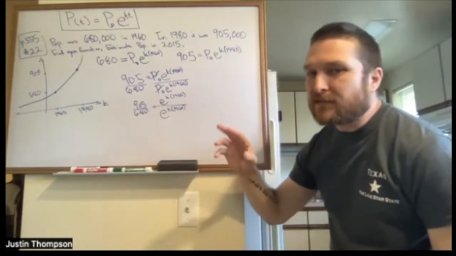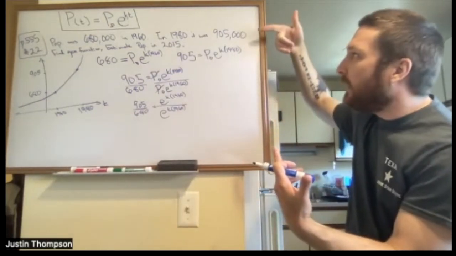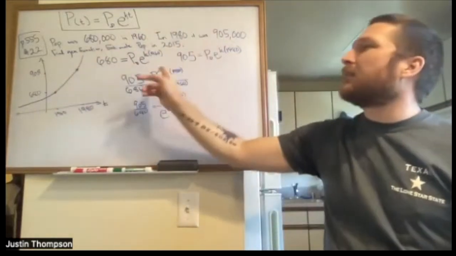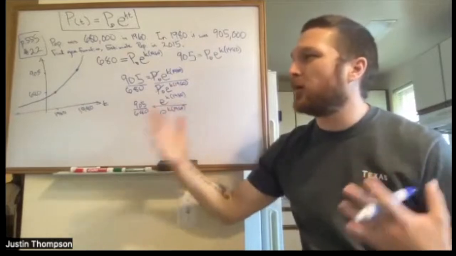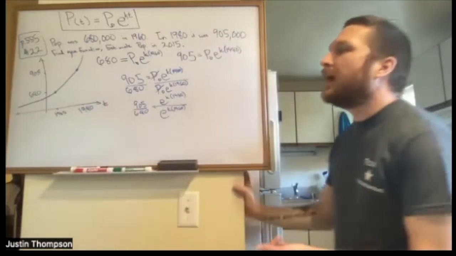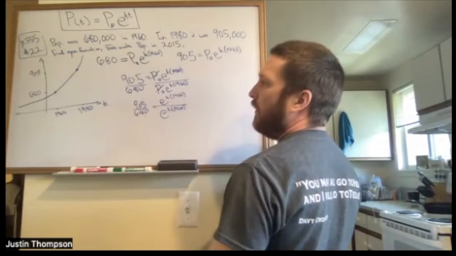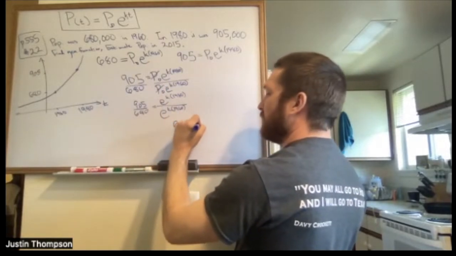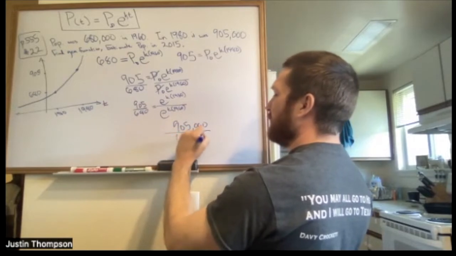Another thing to notice is I went ahead and simplified up here when I first wrote these numbers down. I said, well, how about instead of writing 680,000, we'll just think in terms of thousands. Had I not done that, had I written the entire thing out, at this point I would have ended up with 905,000 divided by 680,000.